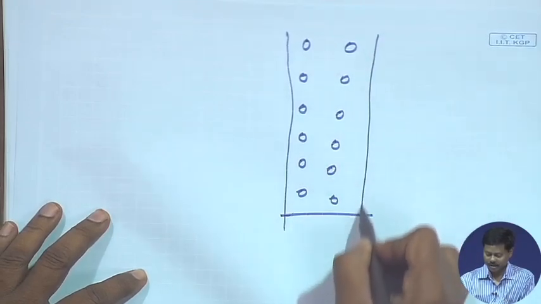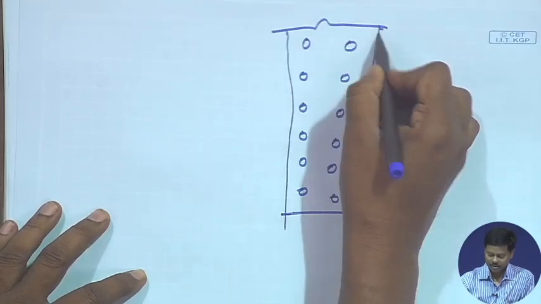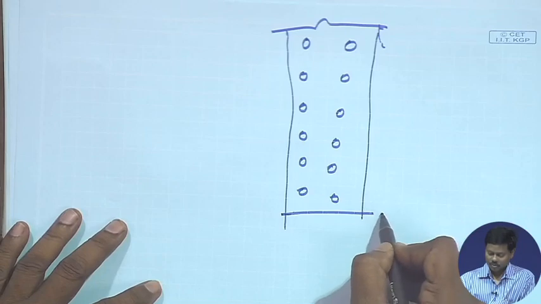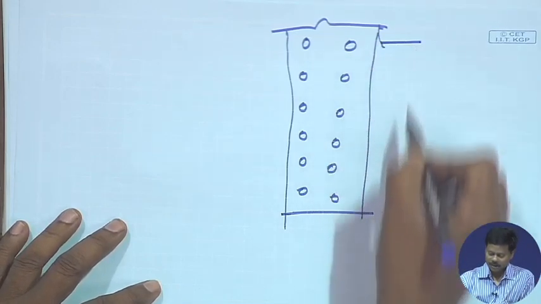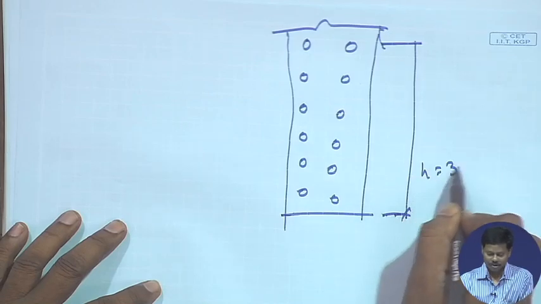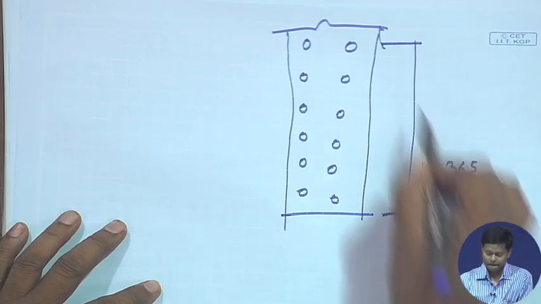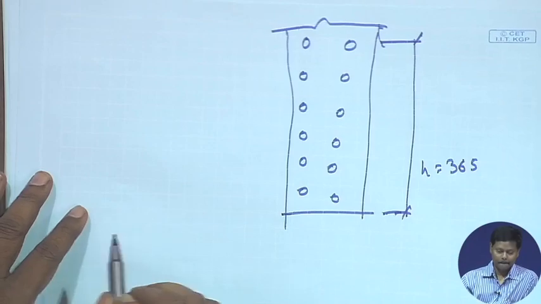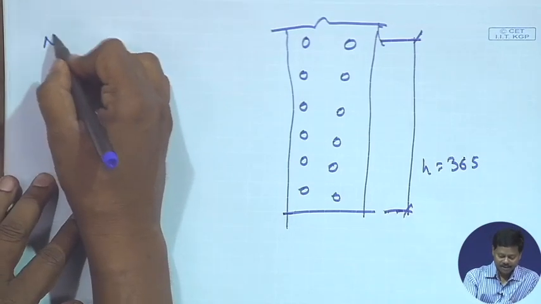So if I consider, suppose this is the column flange, right. This value H is equal to 365 and we can find out the neutral axis.